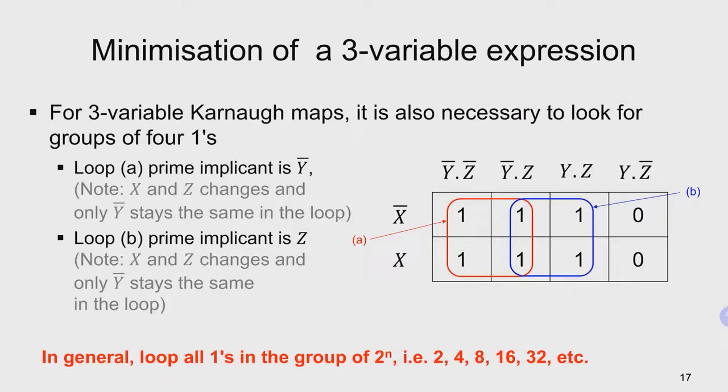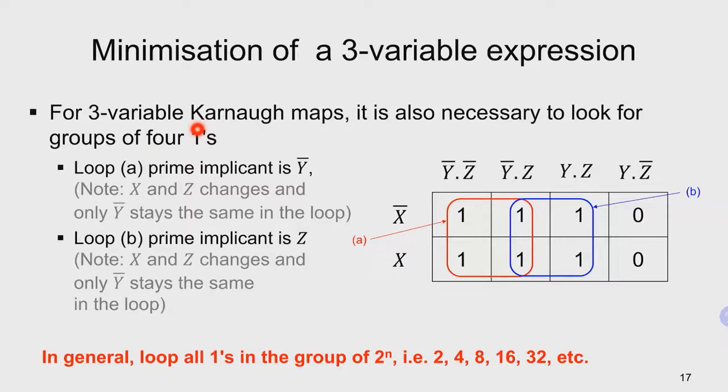So in two variables, we start off with identifying a pair of ones adjacent to each other. In three variables, we know that there are 8 possibilities in the K-map, or 8 possible minterms. And the loop that we can draw is not restricted to just a pair of ones, but instead we can group 4 ones that are adjacent to each other.